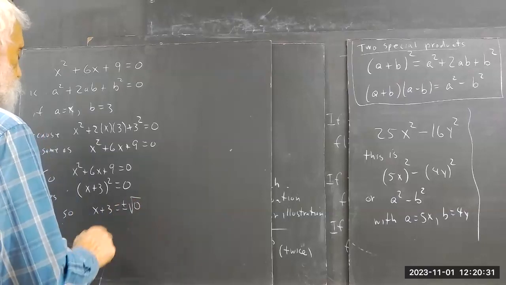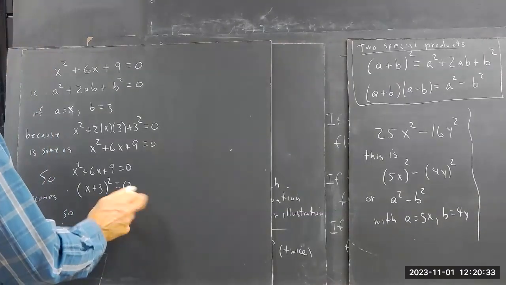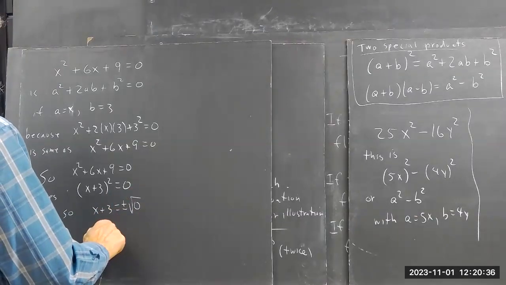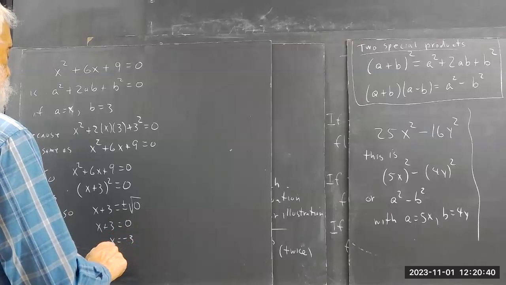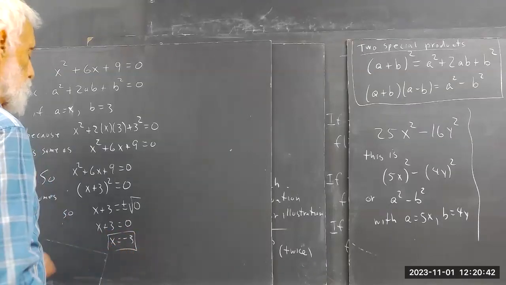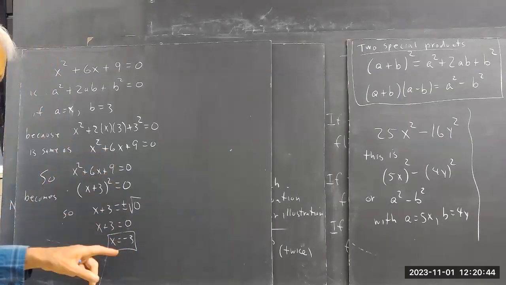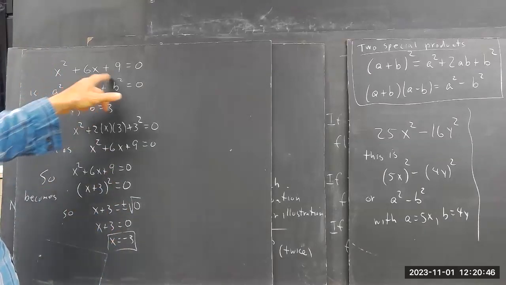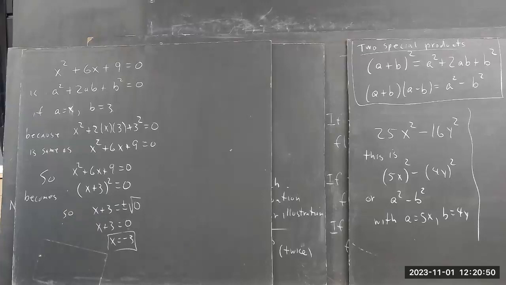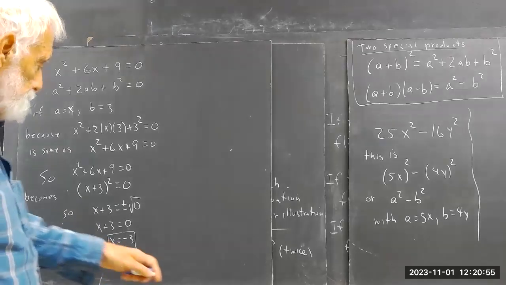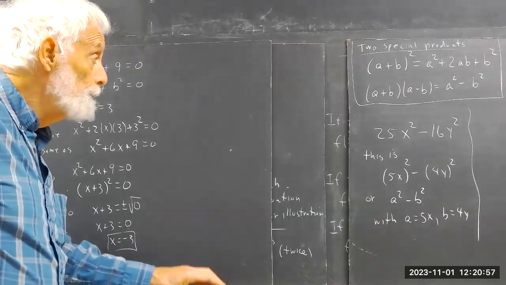Another way to solve it is x plus 3 would be plus or minus the square root of 0. X plus 3 equals 0, so x equals -3. Ignoring the fact that we have two solutions, plug -3 in here for x, we find we get 0 equals 0. Okay, that's all we're going to say about this now.